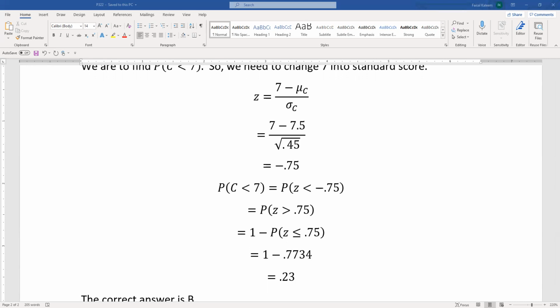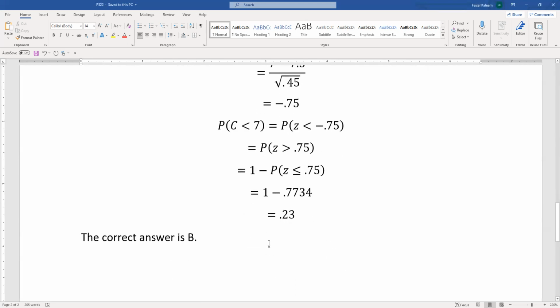From the tables, 0.75 corresponds to a cumulative probability of 0.7734. So 1 minus 0.7734 simplifies to 0.23, correct to 2 decimal places, because the answers were to 2 decimal places. So I rounded this result to 2 decimal places, which is 0.23, and that was choice B.